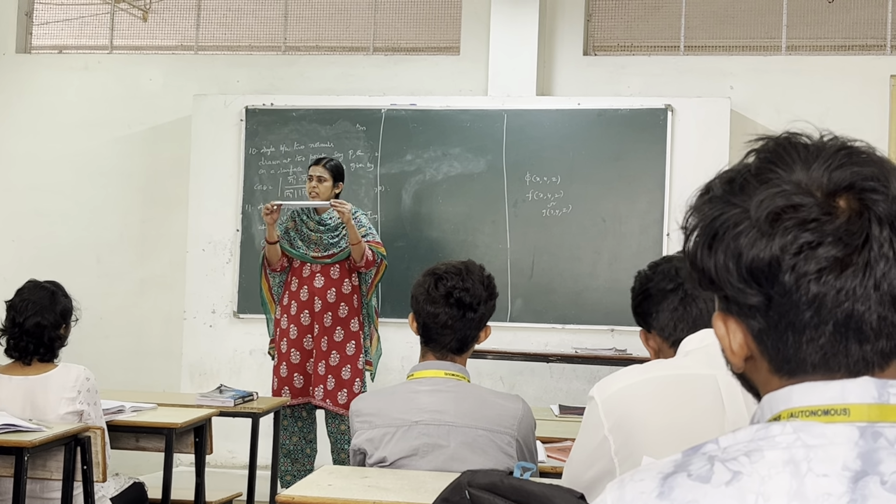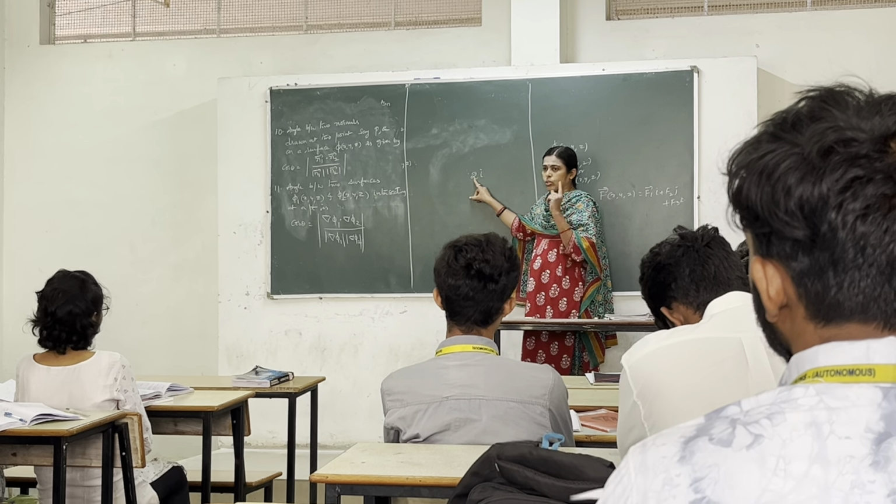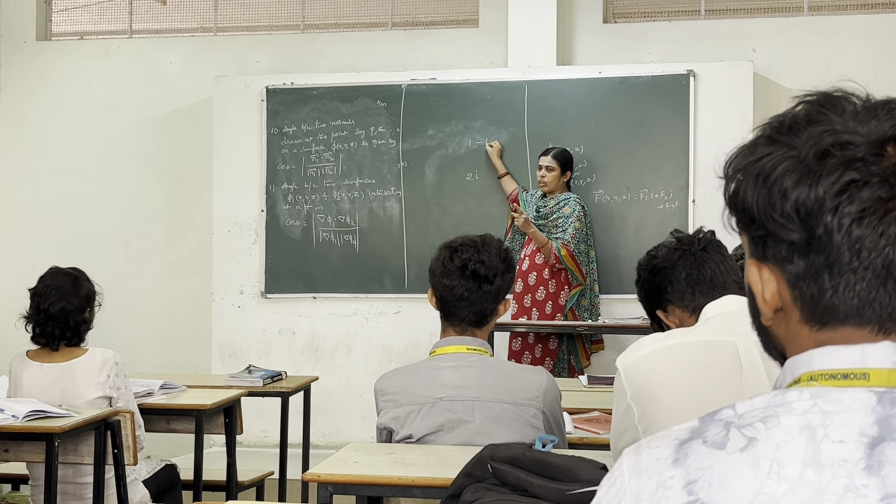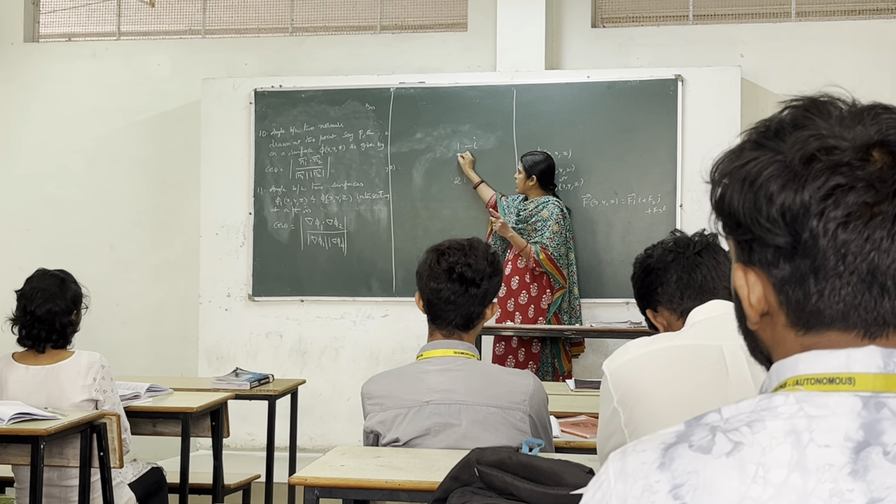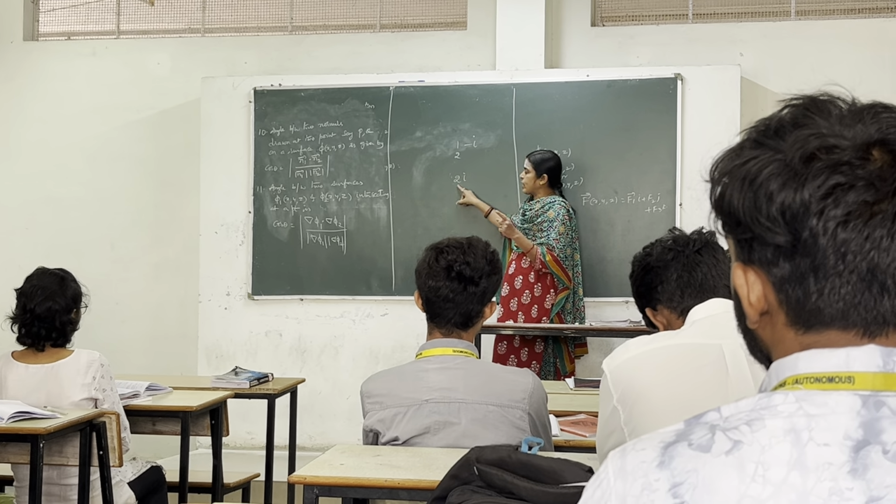Suppose I consider this point as origin, this is the x-axis, this is the y-axis, and this is the z-axis. Considering one unit vector, I move 2 steps. What is the total length I traveled along the x-axis? 2i, because along the x-axis I took 2 steps. One step is denoted as i, 2 steps is denoted with 2i. Along the y-axis again I moved 3 steps.